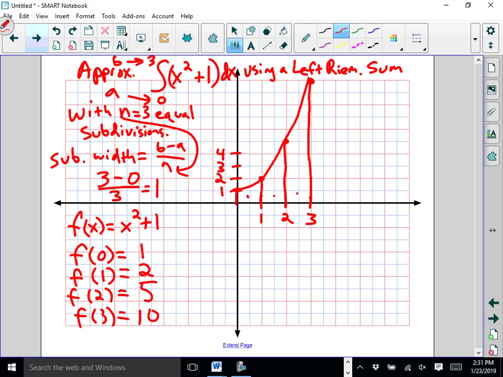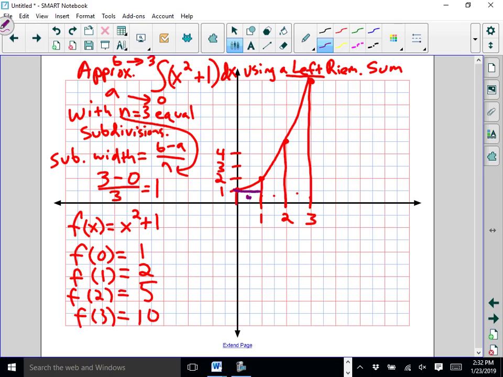Okay? Now the question is, should I draw these rectangles starting from the left, or should I draw them from the right? Well, we have to read the question again. I asked for a left Riemann sum. So I'm going to use a different color. For my first subdivision, the one right here, I want to make a left Riemann sum.